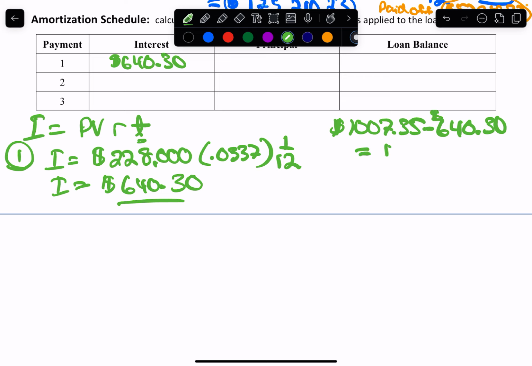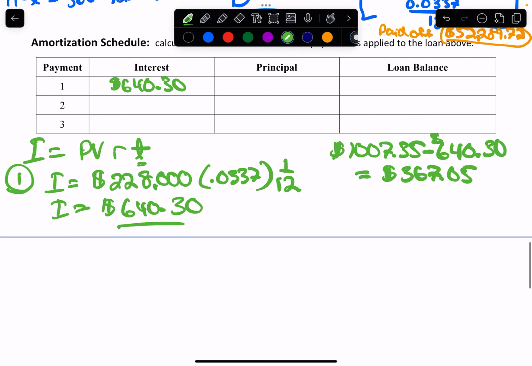So we get $367.05. That is going to be the principal that we are paying. So this plus this equals the monthly payment.